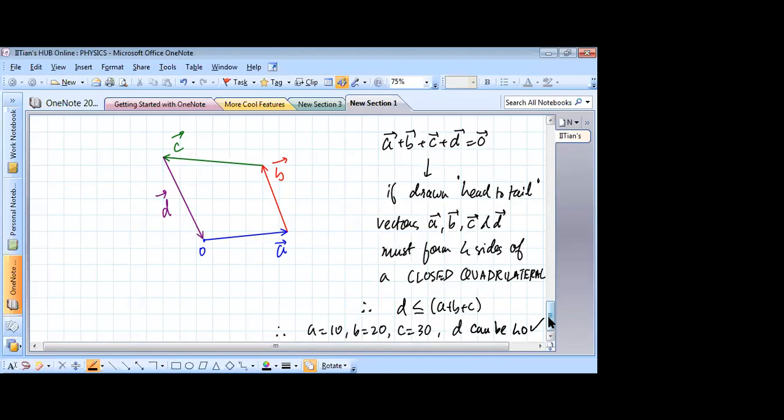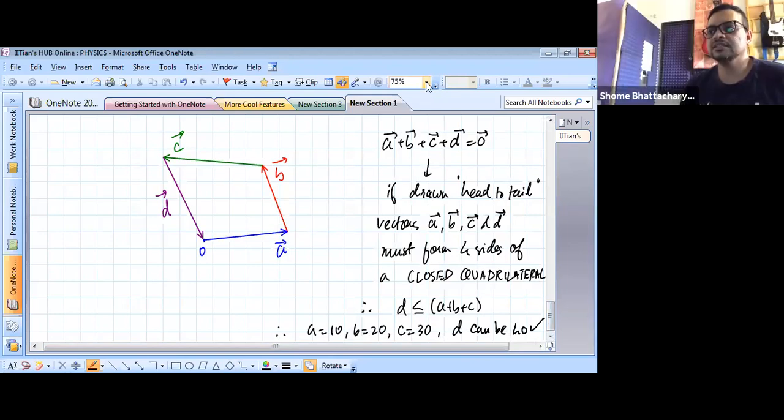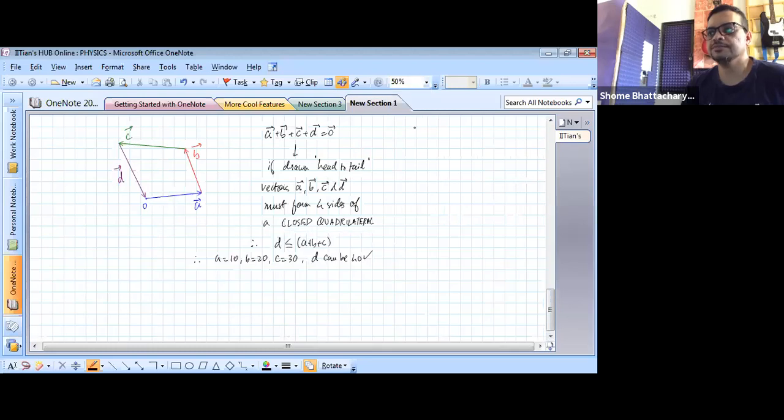Okay. So this is the way of understanding this geometrically, provided I am applying the condition that they are coplanar vectors. Therefore, we can draw them in a two-dimensional plane.